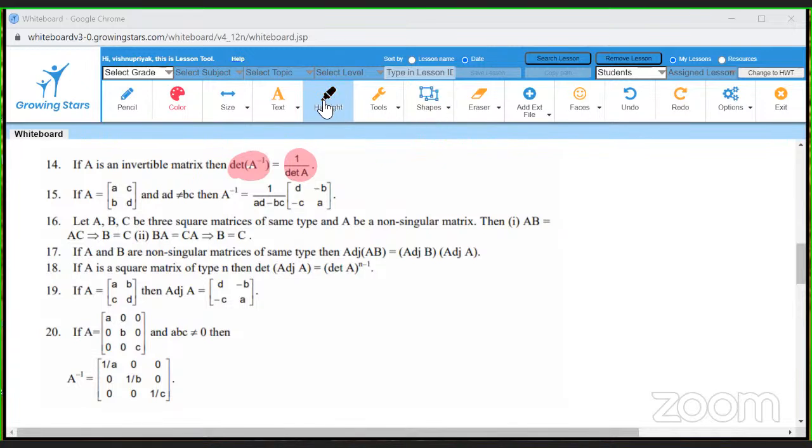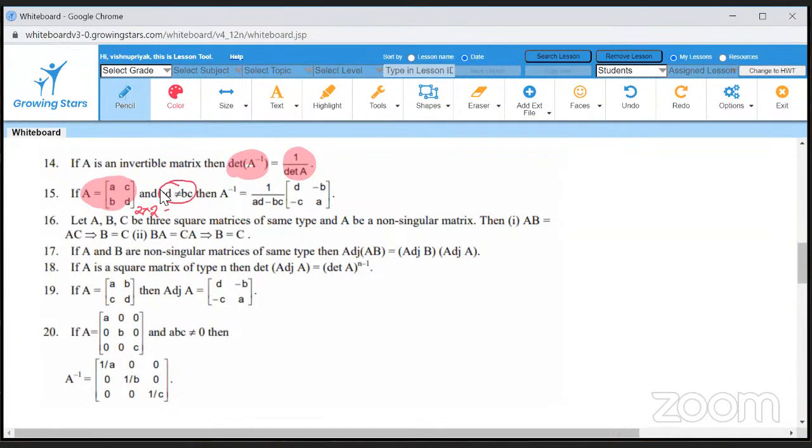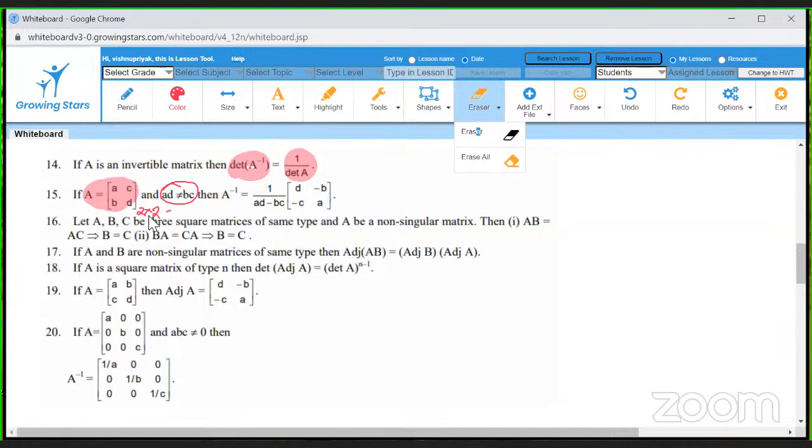Okay. For a small matrix, 2 by 2 matrix, it is easy to find the inverse. But to find the inverse, AD should not be equal to BC. Remember, AD should not be equal to BC. So how will you find A inverse?